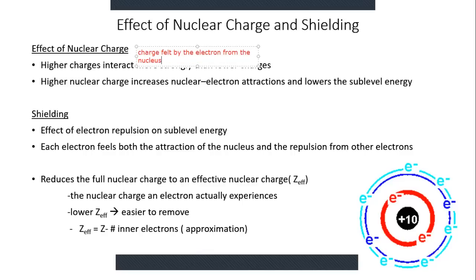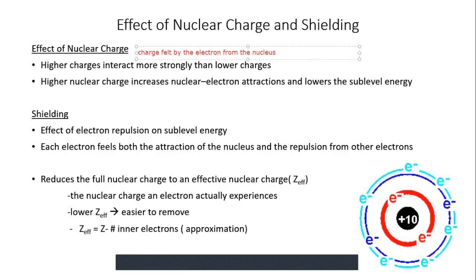As you can imagine, the farther away the electron is from the nucleus, the less it will feel that charge. And so a higher effective nuclear charge interacts stronger than something with a lower effective nuclear charge. Again, it is the charge felt by the electron from the nucleus. So the farther away the electron is, the less pull it feels from the nucleus.